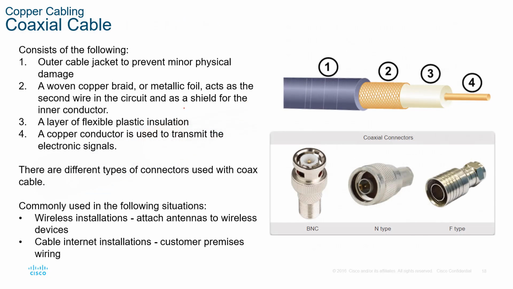Again, we already talked about coax being like our traditional TV, with that F-type connector. Our coax has a plastic outer jacket, a metal mesh, and a white plastic protecting the core. The core is typically made out of copper.